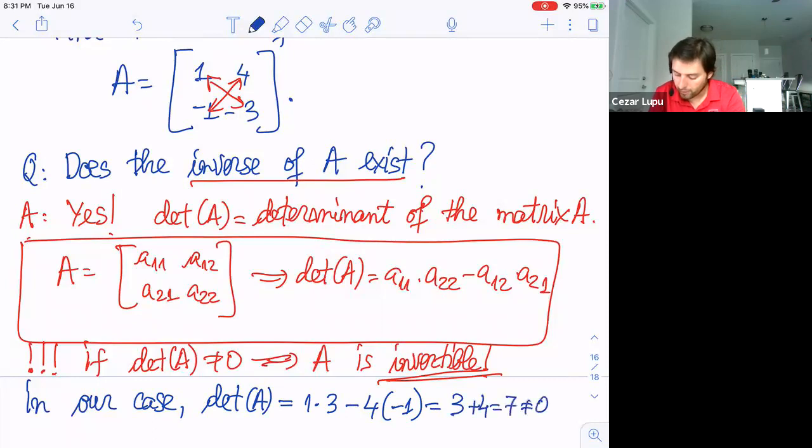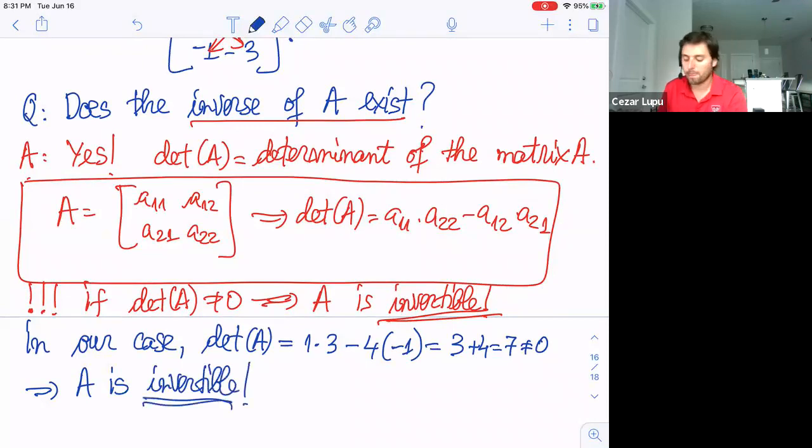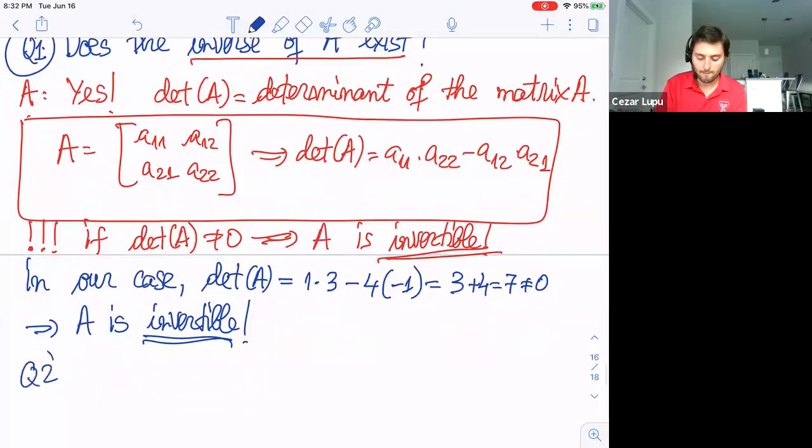And 7 is different than 0. So the matrix is invertible. All right, so we answered the first question. Does the inverse of A exist? Yes, it does.